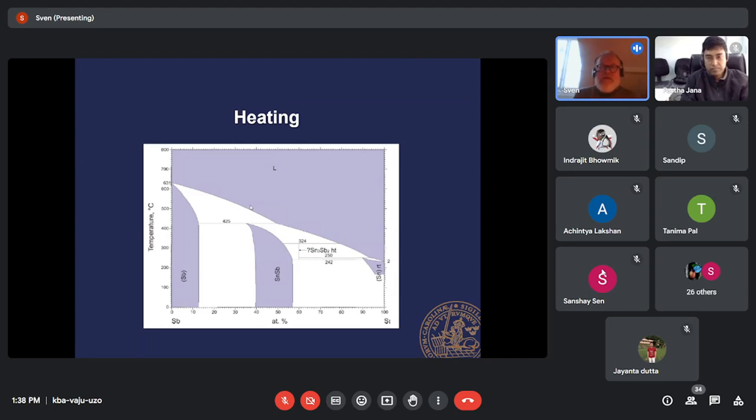So as we cool down this unstable phase, it phase separates into tin and antimony tin. But it phase separates at a temperature where diffusion is very slow. So initially, we get perfectly well aligned crystalline tin and crystalline antimony tin.